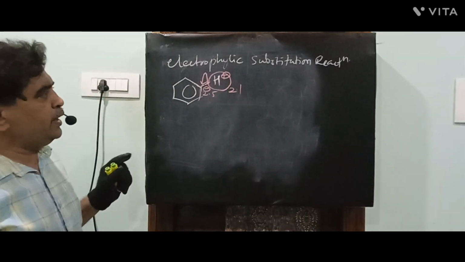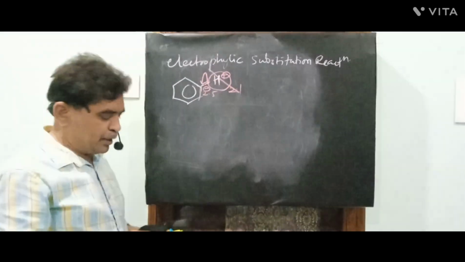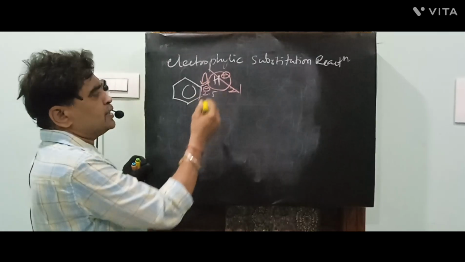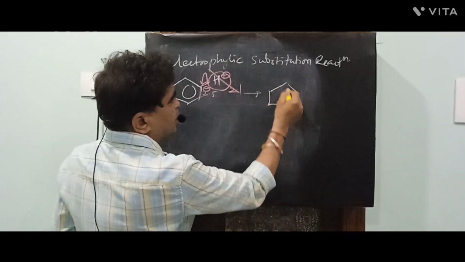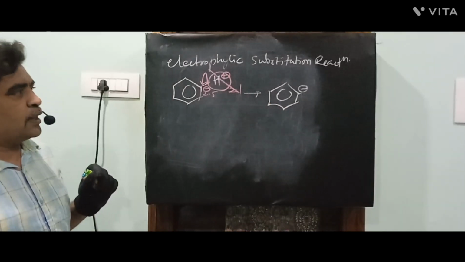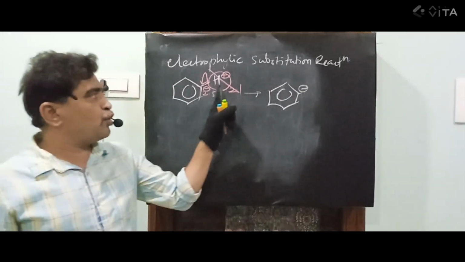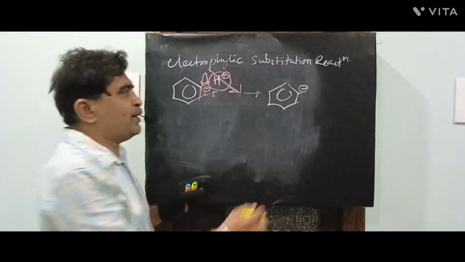So in benzene, generally the hydrogen is eliminated as H plus. That means it is eliminated in the electrophile form. When the hydrogen is eliminated, the carbon in the benzene has the negative charge. So the carbon is attracted to an electrophile only. Why? Because an electrophile was eliminated, here we have to substitute with an electrophile only.